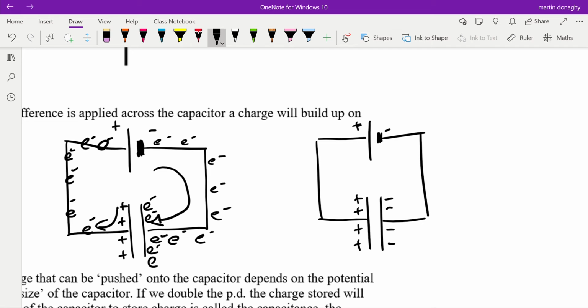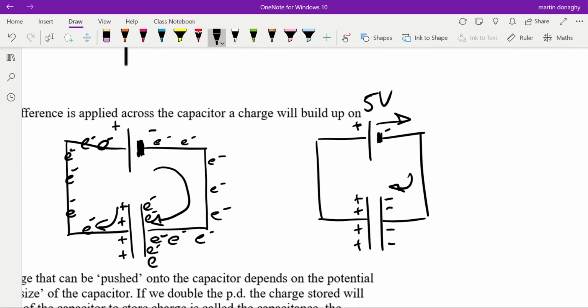Now, this cell will continue to try and push electrons around like this with, say, a voltage of, I don't know, 5 volts. But eventually, as the charge builds up on this capacitor, all those electrons on this plate will repel each other, so there's a push back against it. As long as this push is smaller than the push from the cell, more electrons will continue to build up on our capacitor.